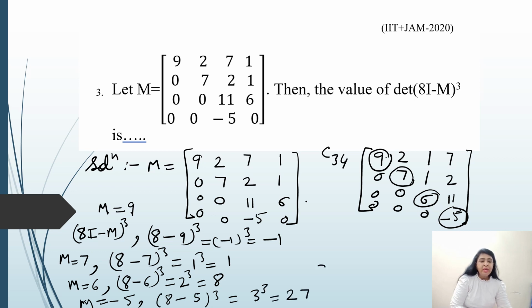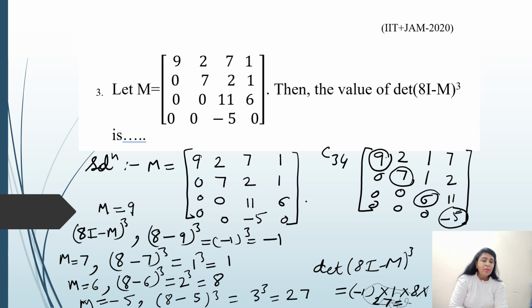So the determinant of 8I minus M whole cube will be the multiplication of these: minus 1 into 1 into 8 into 27. So this will be the value of the determinant. Whatever value you are getting, that will be the answer.